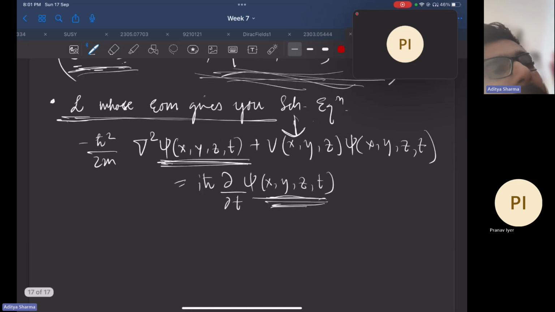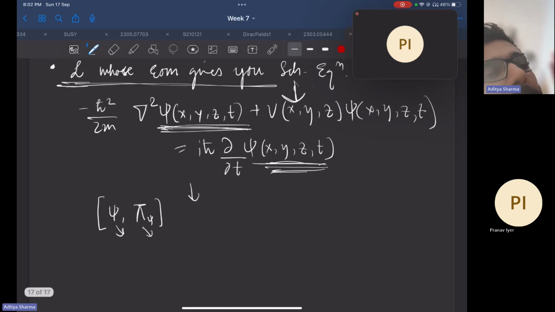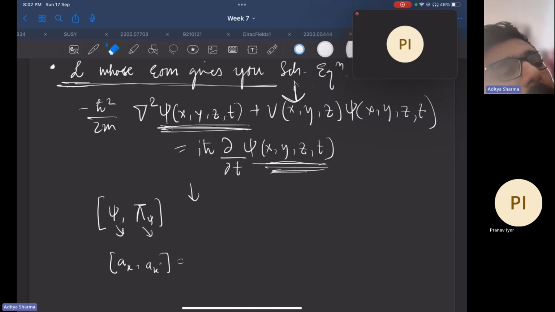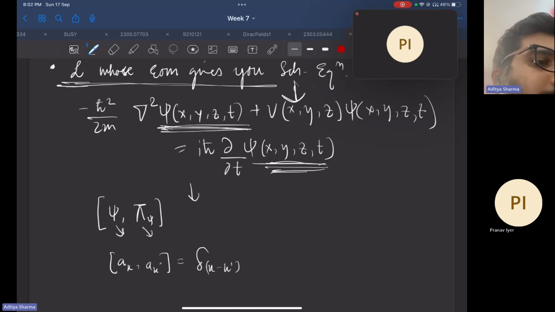Now, when you quantize this field by writing the field and its momentum, and you are mode expanding here also, you're getting something like the commutator of a and a dagger is equal to 1, or whatever the result is. It's actually delta k minus k prime.